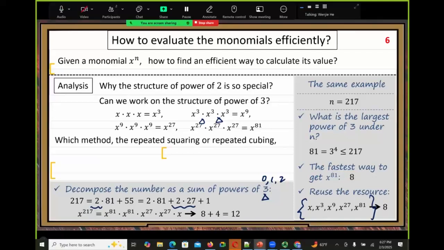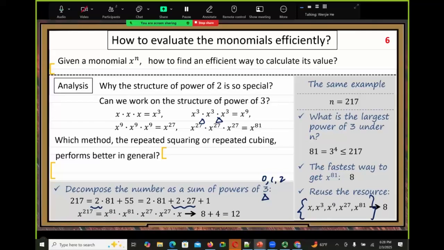Which method, repeated squaring or repeated cubing, performs better in general? To answer this question, sometimes repeated squaring is better, sometimes repeated cubing is better. Sometimes repeated cubing can do better than repeated squaring.